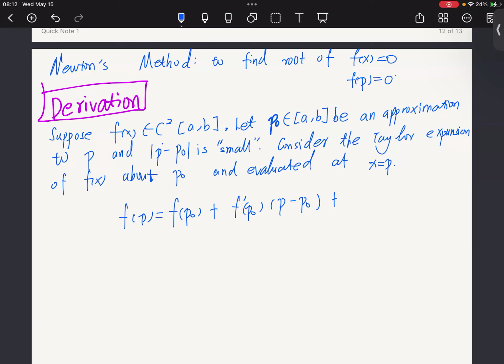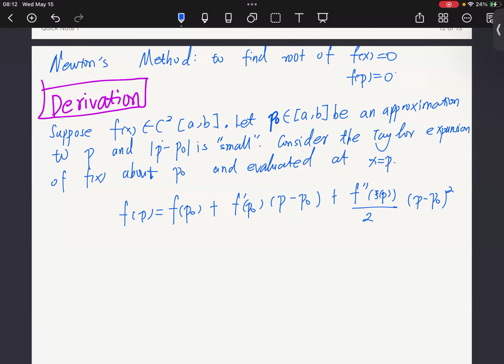The Lagrange remainder has the second derivative f double prime at c, because c depends on p, so I write down the dependence here, c_p, divided by 2 factorial, which is just 2 times 1, times (p minus p0) to the second order.